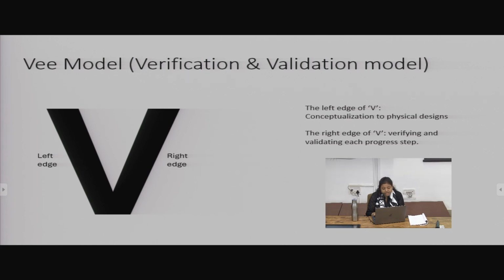And the right edge of the V is basically verifying and validating each progress step. So now the question is, what are the progress steps here? Now the question is, what do you mean by verification and validation?